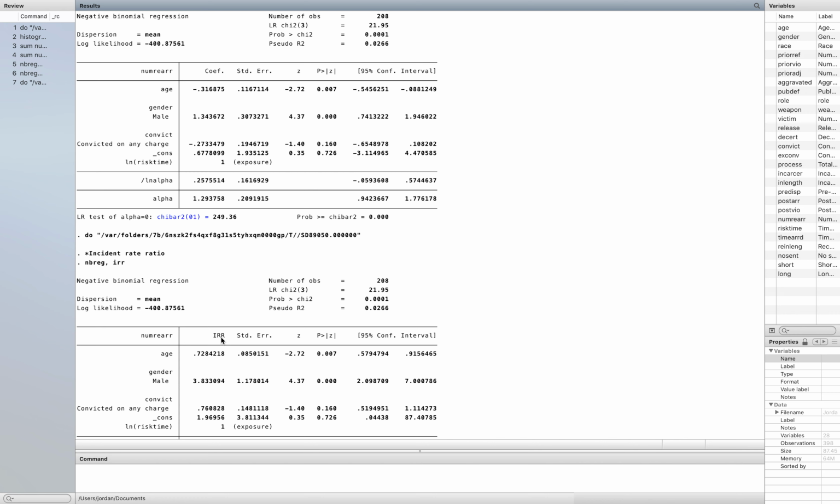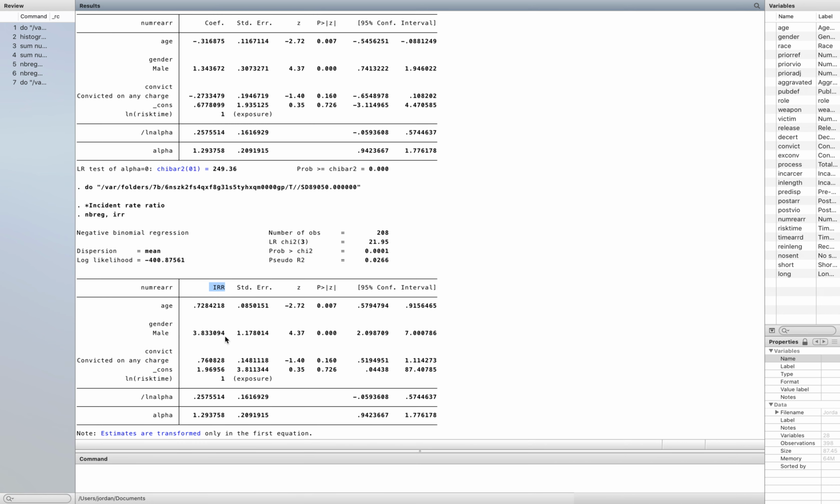So it's the number of rearrests within this period of time, which makes it a rate. And it's a ratio because it's like an odds ratio, kind of like with logistic regression. Remember that a ratio tells you the likelihood of something occurring versus not. We talked about this on the first day of class, so I'm not going to go over it again. But that's where it's an incident rate ratio, because all of those things are in there.